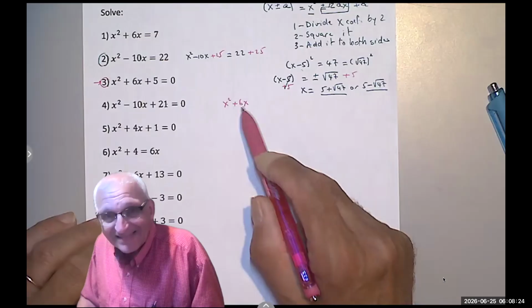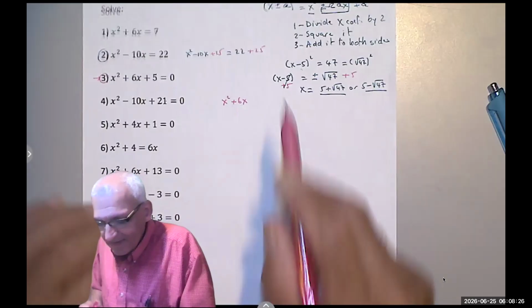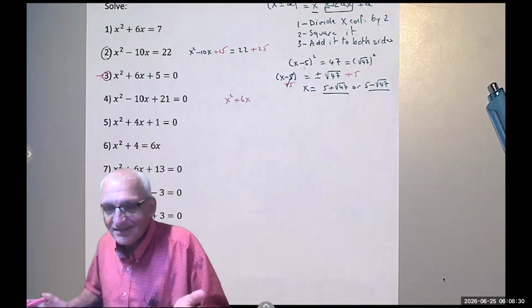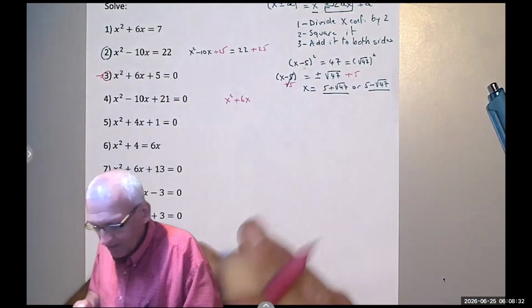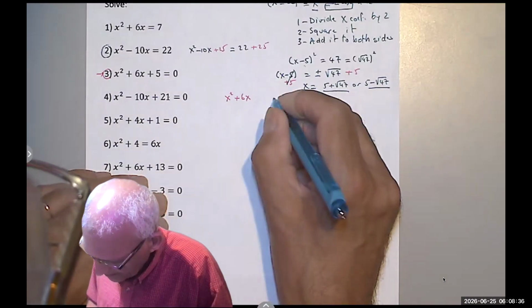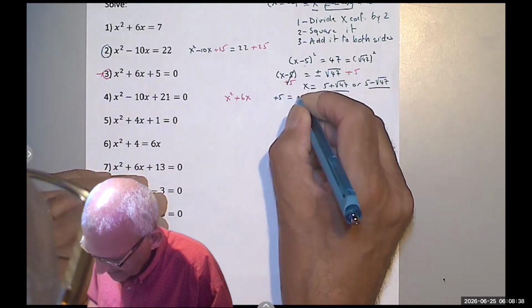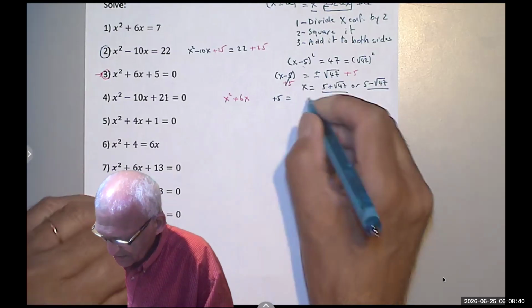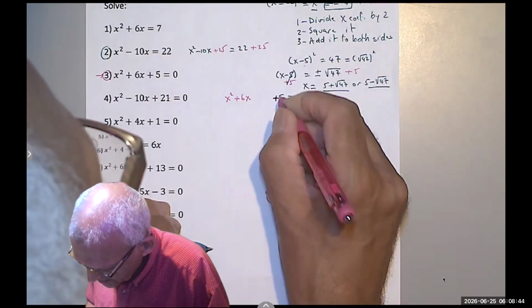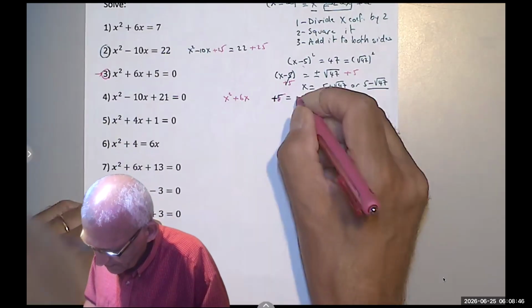So I need to add 9. Whether I leave the 5 on the left-hand side or I move it to the right-hand side, it doesn't matter at all. You can move it at the end, right? Equals 0. Oh, I should have left this in the same color because it's in the same original problem.